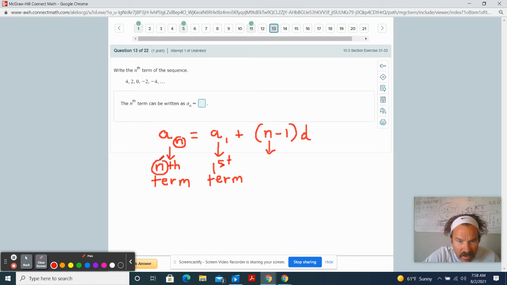This n is the same as this n. And that's usually your number of terms. And then d is your common difference.